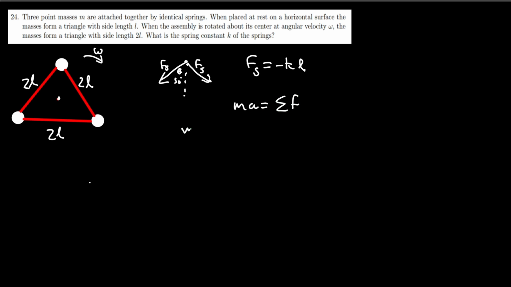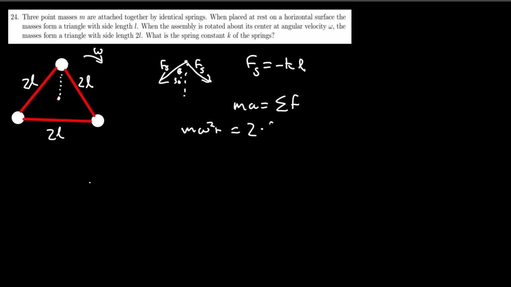Writing out F equals ma, or rather ma is equal to the sum of forces. Our acceleration is equal to omega squared r, because that's centripetal acceleration, we are rotating it, where r is the distance from the mass to the point of rotation, the center, and we'll find that out later. And that's equal to the sum of forces acting on the mass. In the direction of this acceleration, which is radial, there are two forces.